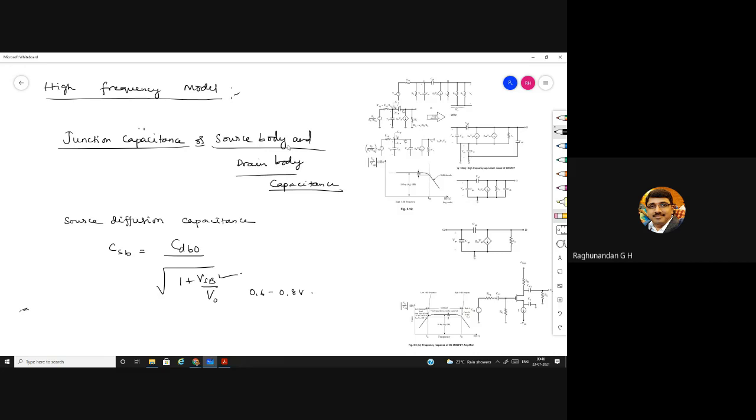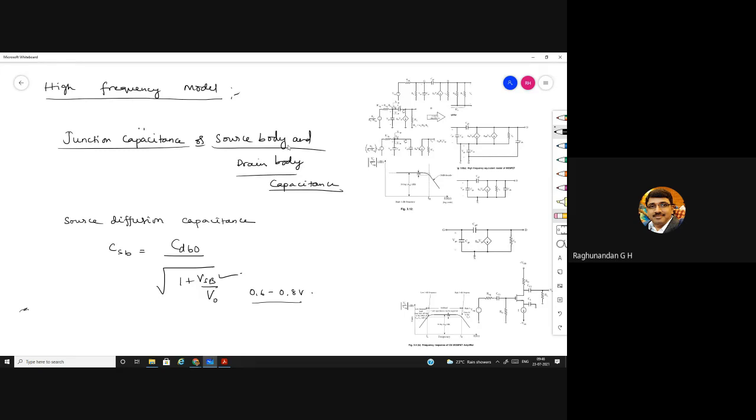Repeat it again. So here we are having the VSB. VSB is the reverse bias voltage, and V0 is the junction built-in voltage, that is whatever the voltage which is given out by the capacitance. So that we call it as built-in voltage or cut-in voltage. That ranges around 0.6 to 0.8.